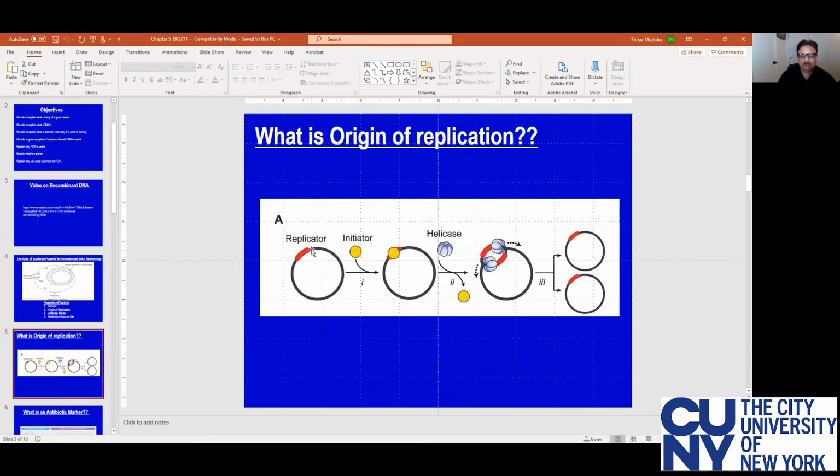It is the point within the plasmid at which the plasmid starts the process of duplication. So one plasmid can give rise to two daughter plasmids.